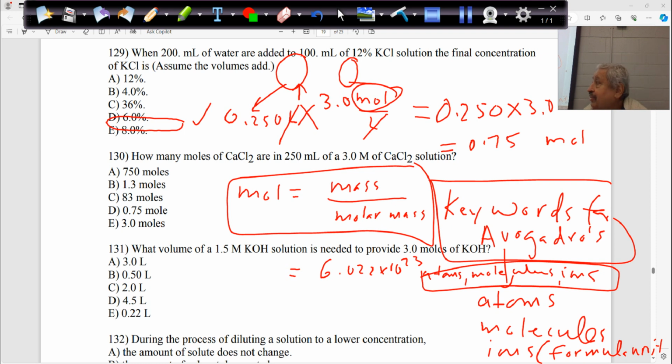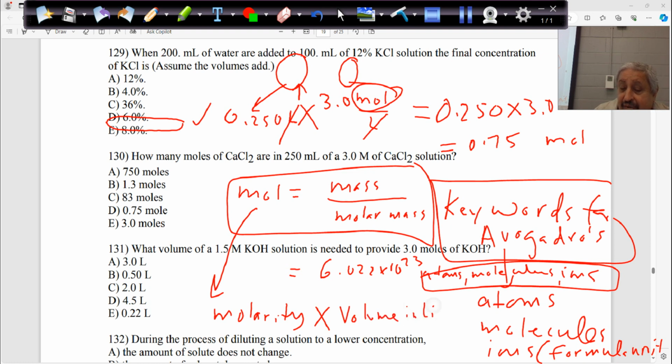Now, this is the general thing, but if I have the molarity, it is the same thing. Mole, I can add to this, molarity multiplied by the volume in liters.